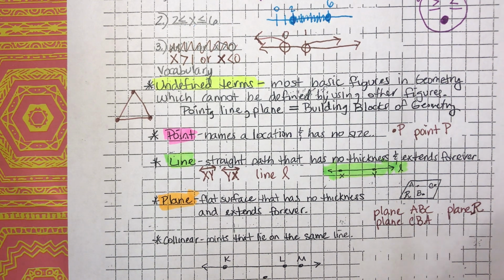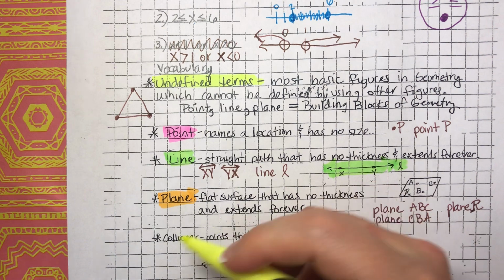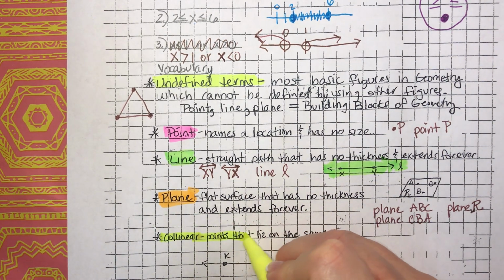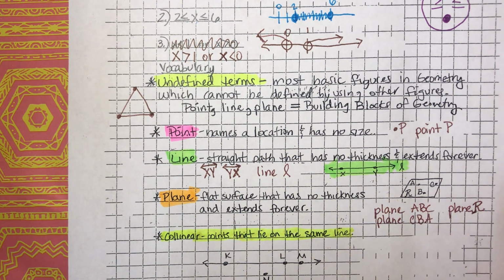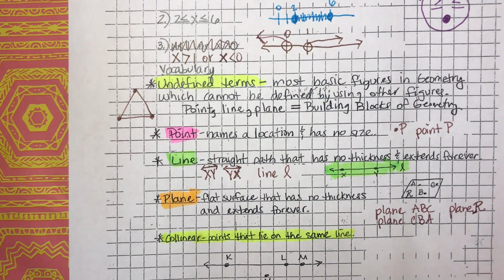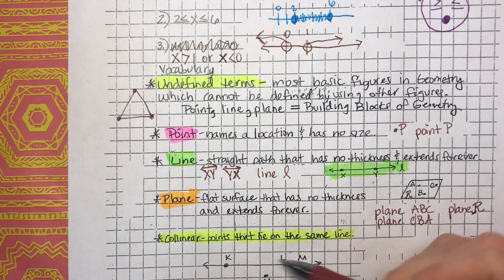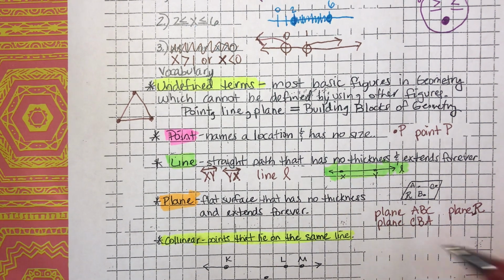Okay, cool. The next term that we're going to use, and you're going to use this a lot in this class, is the concept of collinear. Collinear points are points that lie on the same line. So let's look at this. What are some points that lie on the same line? We could say K and L. Those are points that lie on the same line, K, L, and M. So these are collinear points.